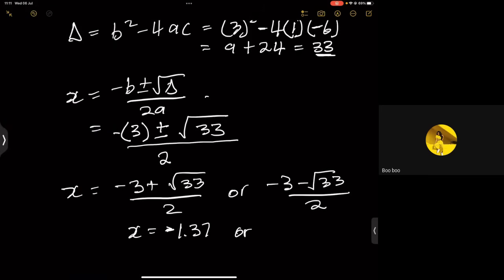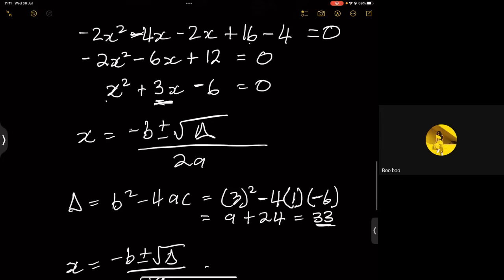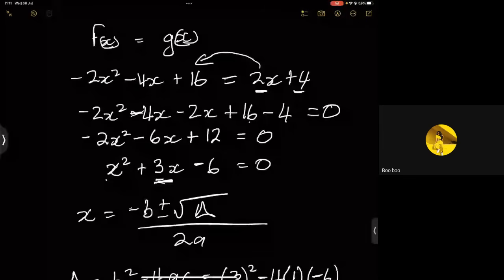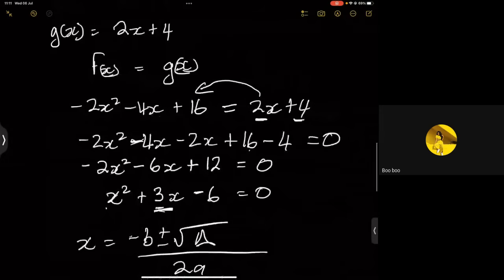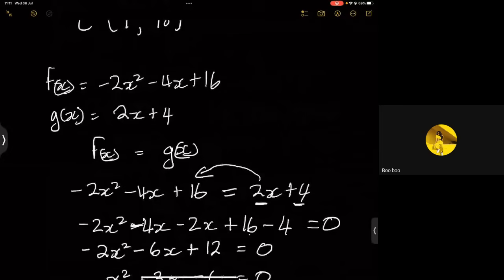Did I not make a mistake somewhere? Sir, I think for f of x, you said negative 2x squared minus 4x, and it's plus 4x.